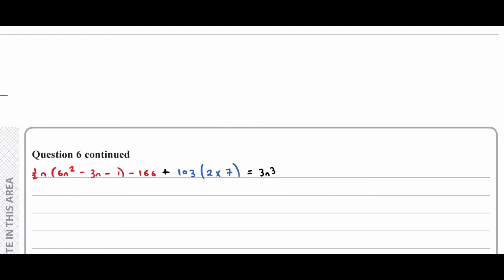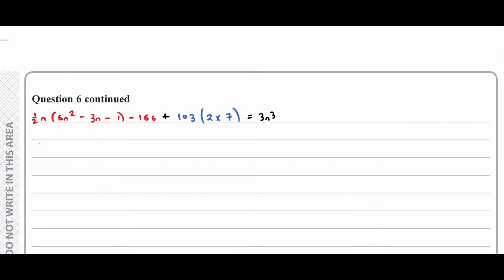And if we simplify all this, multiplying the half n into the bracket, we have 3n cubed minus 3 over 2 n squared minus a half n minus 166 plus 103 times 14, which is plus 1442, equals 3n cubed.